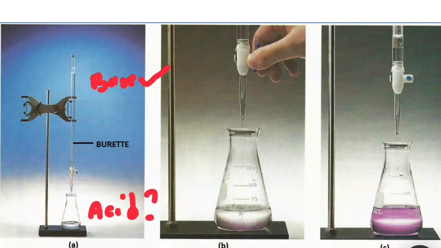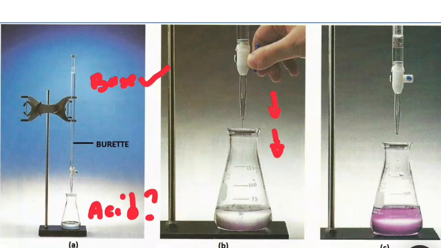We keep pouring a bit of base in our acid. Just a bit, right? We have an indicator here in our acid. We have put an indicator inside it. And then when the color of the indicator changes, well, different indicators change color when the reaction has reached an equivalence point.